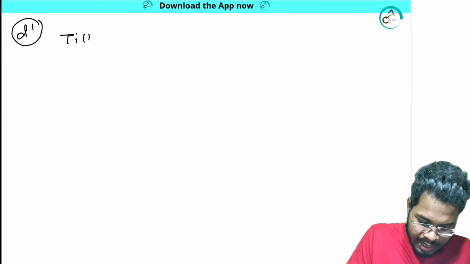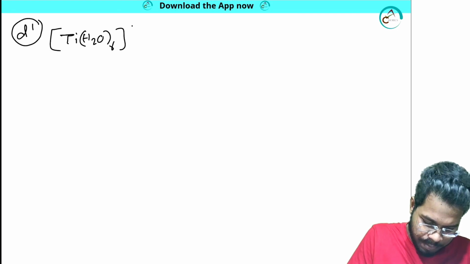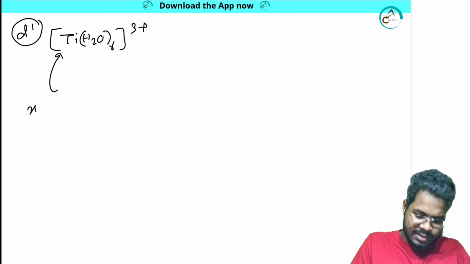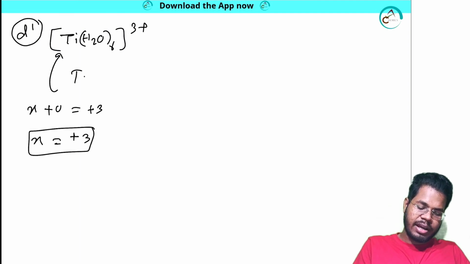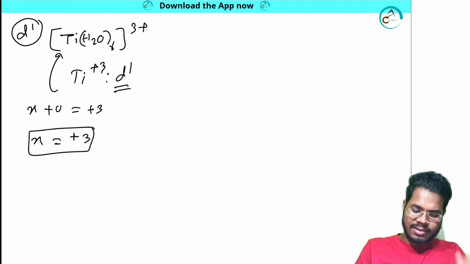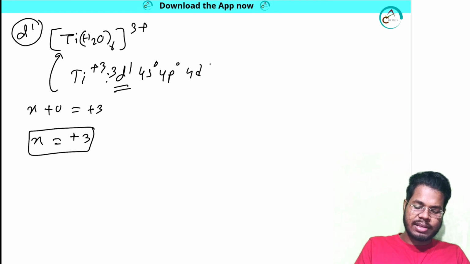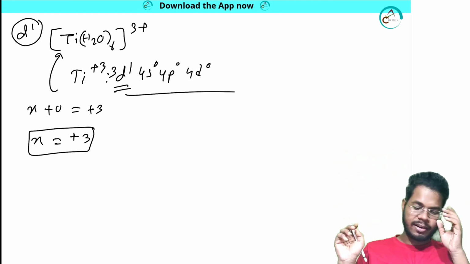Another d1 system: Ti(H2O)6 3+. You know Ti is x, H2O is 0, so x equals plus 3, that is, Ti is in the plus 3 oxidation state. It is a d1 system, that is 3d1, 4s0, 4p0, 4d0, everything. Clear?